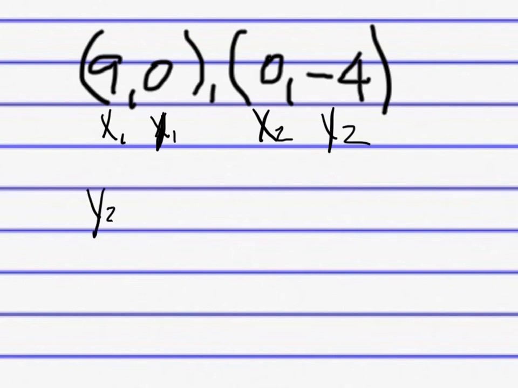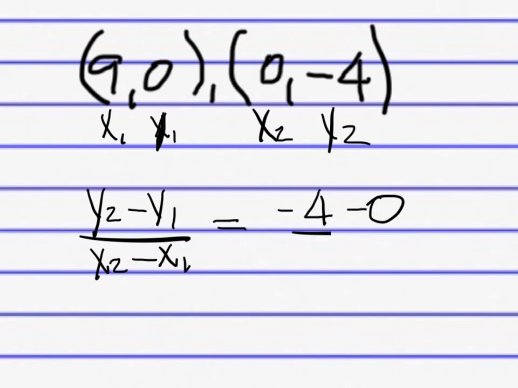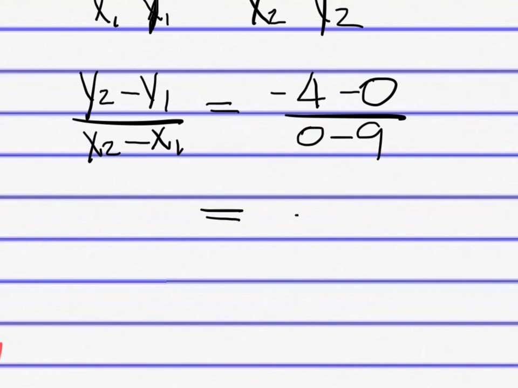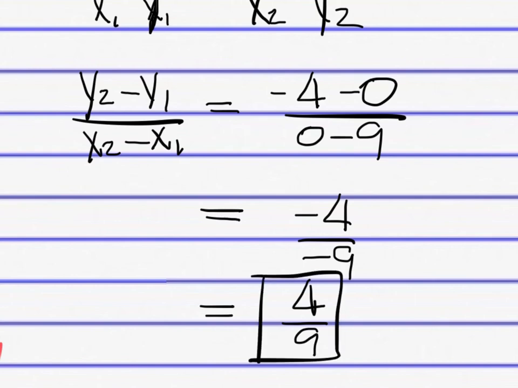The formula is y2 minus y1 over x2 minus x1. So that is negative 4 minus 0, and then 0 minus 9. So that'll give us a negative 4 over negative 9, which will reduce to a positive 4 over 9 for the slope.